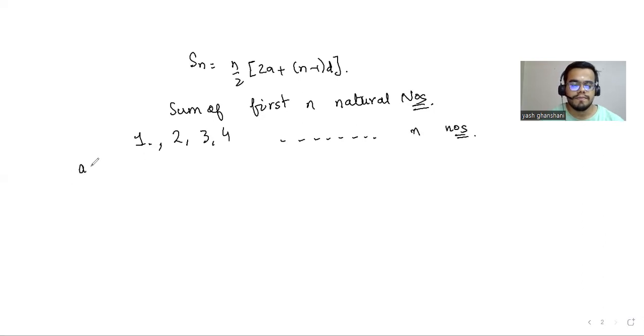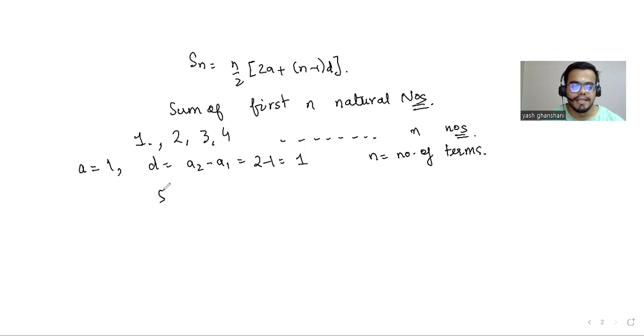So the first term is 1. The common difference is nothing but the second term minus the first term, that is 2 minus 1, which is 1, right? And the number of terms is n.